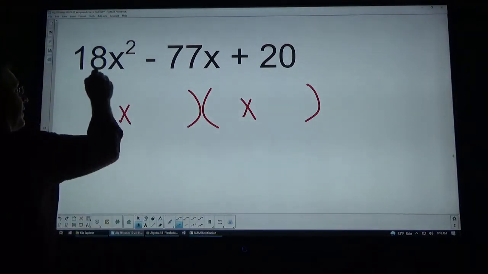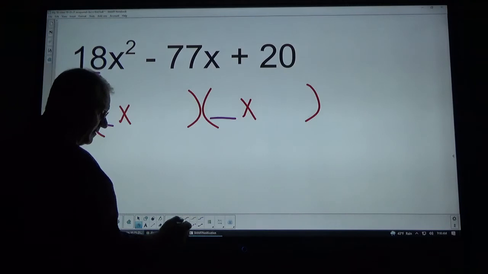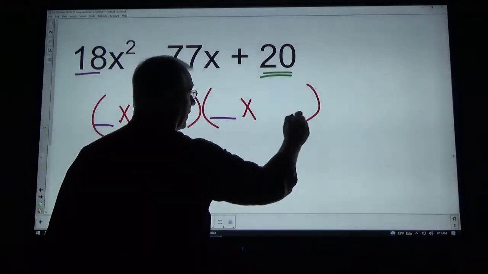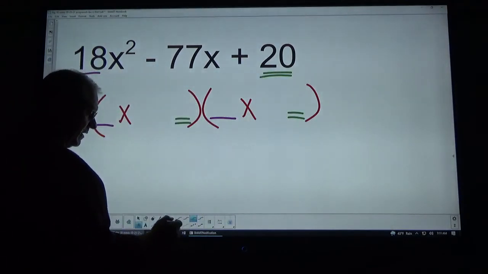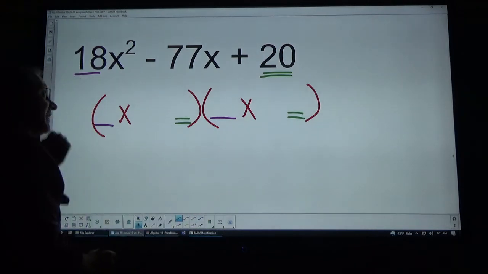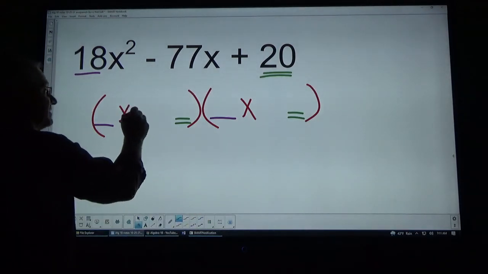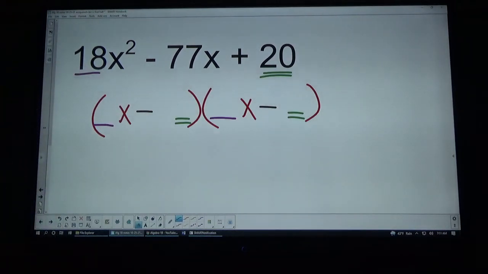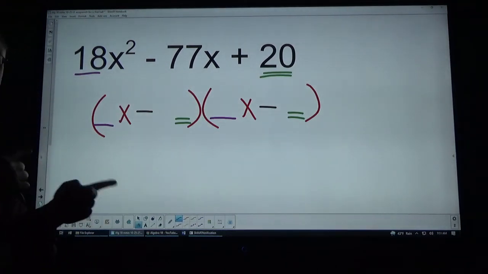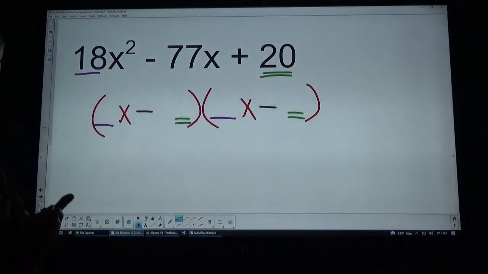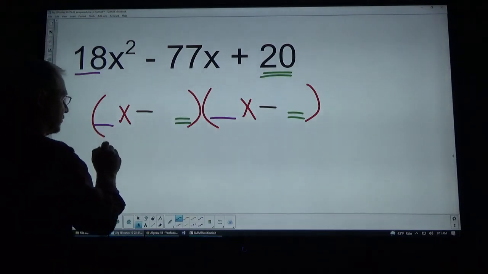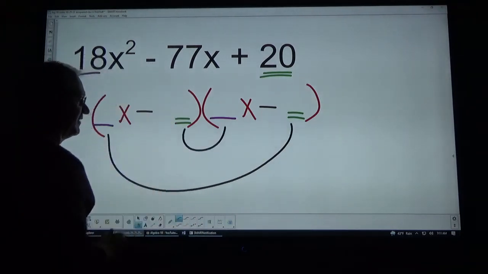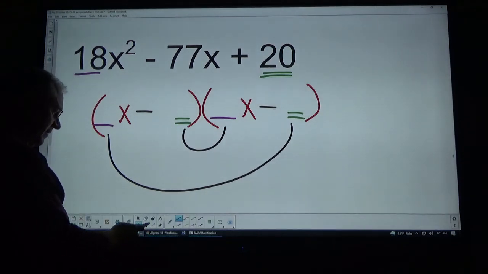Now in this case, a pair to give me 18 and a pair to give me 20. I know my signs have to be minus and minus in this case, so we are adding the results of our smiley face, not subtracting those two values because the signs are the same, right? So let's do our smiley face here, kind of a smirk there.